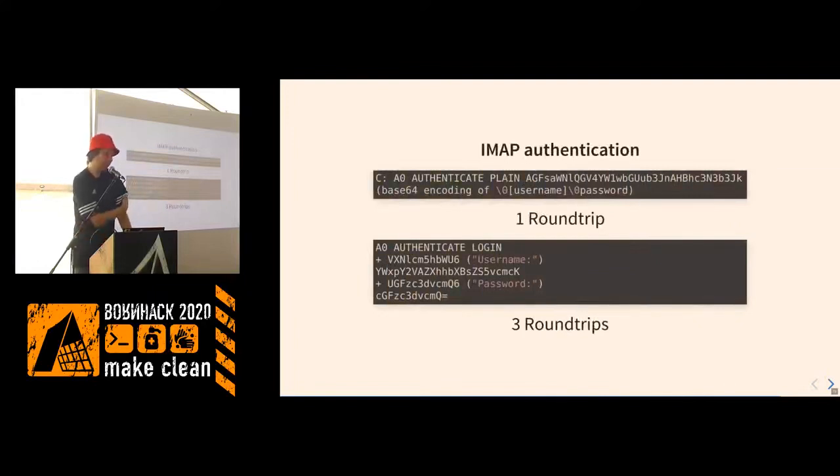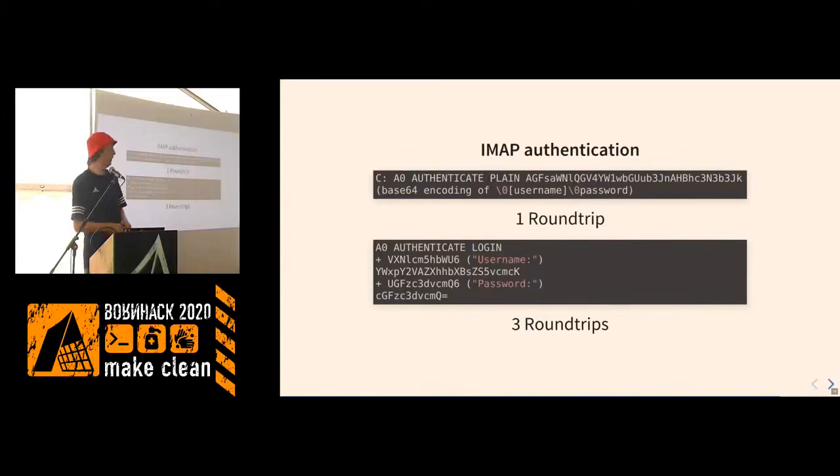And if you look at this, it can look very different. The upper example here is in IMAP: we have AUTHENTICATE PLAIN, and then a base64 encoding of the username and password with some 0 bytes, but it's just specified in the standard.